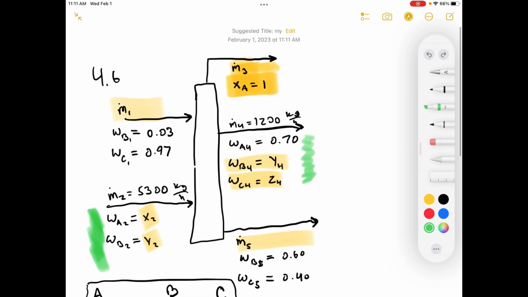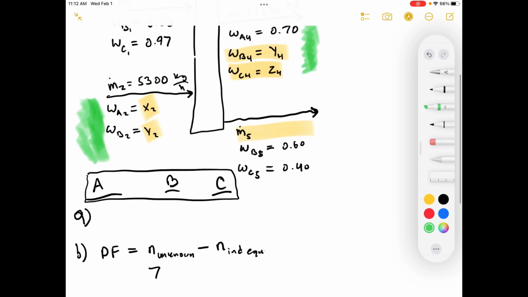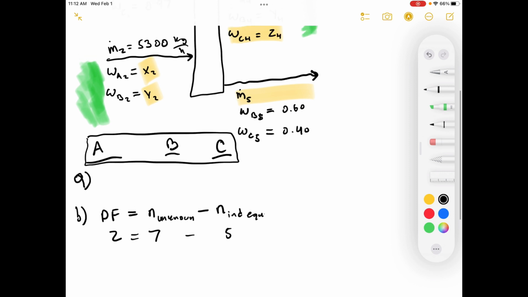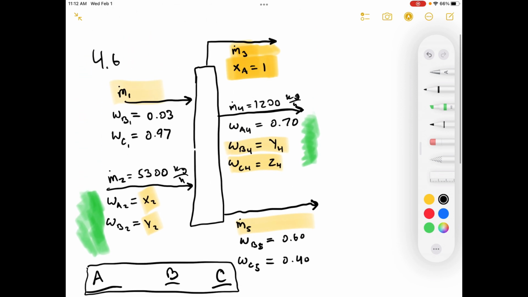Okay, so I think that's it. There are only 5 independent equations that we can write. So that means that the degrees of freedom is 2. So we have 2 degrees of freedom in this problem.